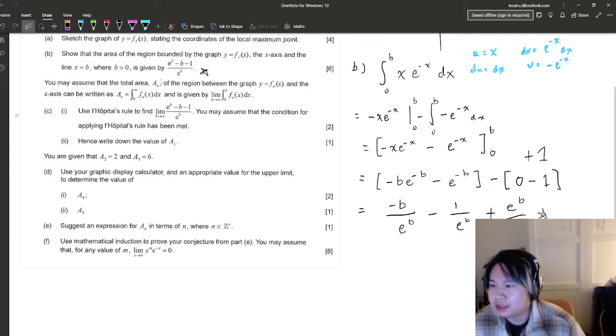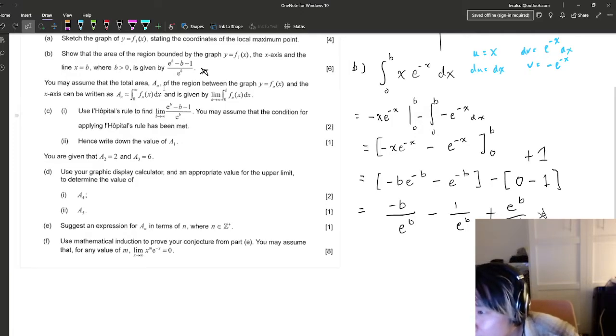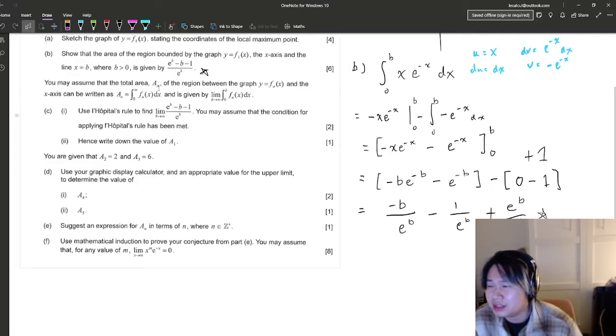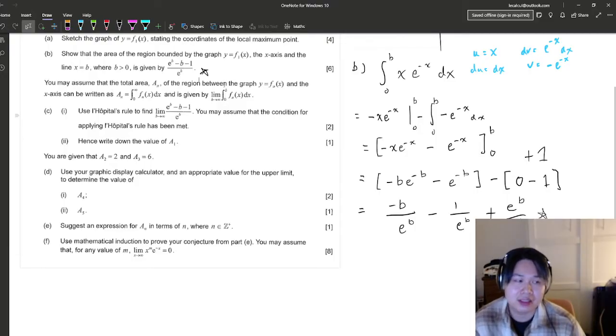Now, you may assume that the total area, I don't know what that symbol is, I can't see it, A_n I think, between the graph and the x-axis can be written as the integral from 0 to infinity. Technically we evaluate infinite integrals by evaluating from 0 to b, and then we take the limit as b goes to infinity.